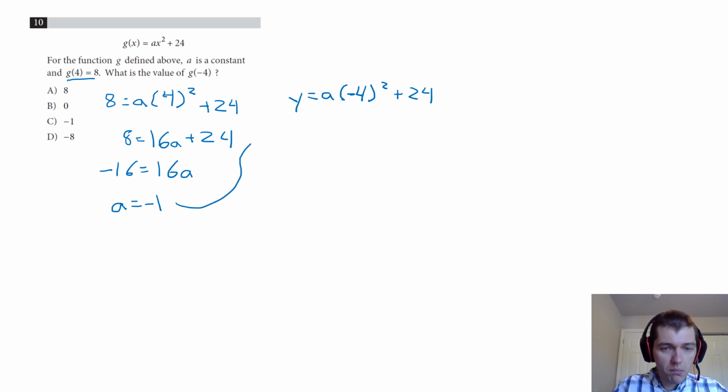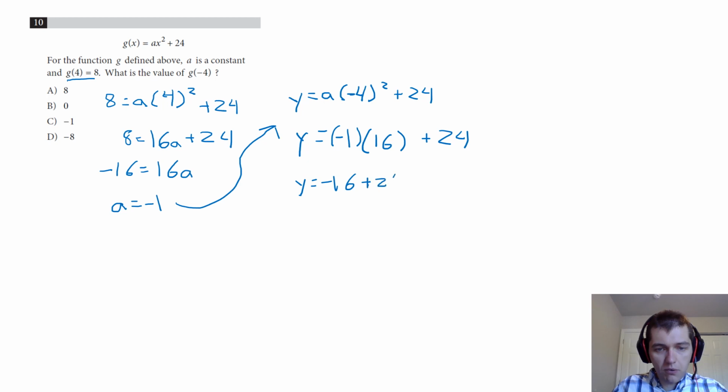You can come back, plug that into your second equation. Y, what we're looking to solve, is equal to negative 1 times negative 4 squared, which is 16, plus 24. We have that y is equal to negative 16 plus 24. That means that y is equal to 8. And we see that that is available as a solution as A.